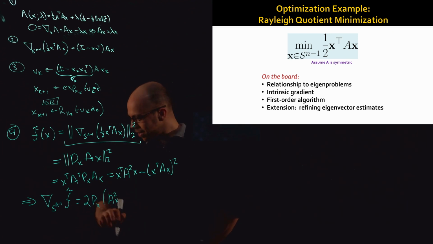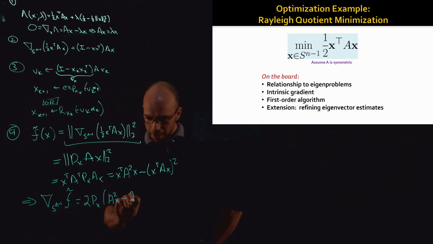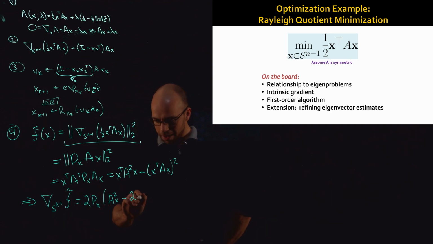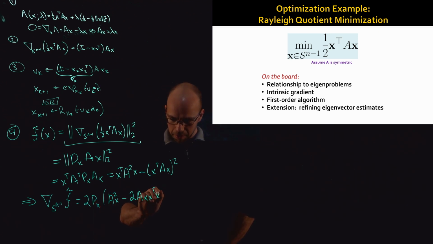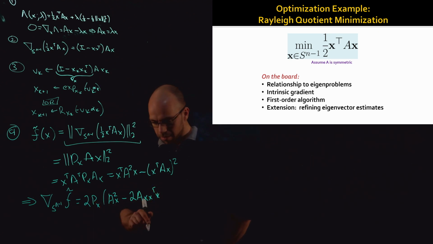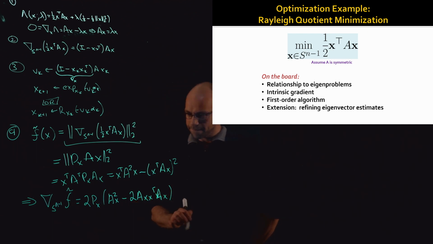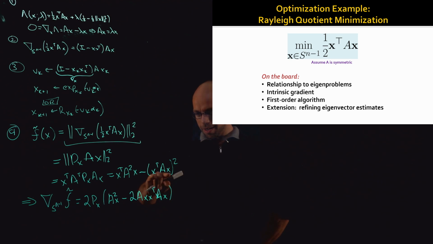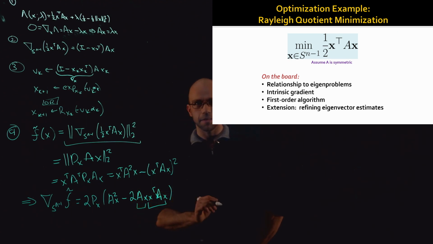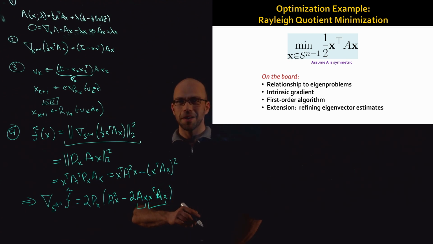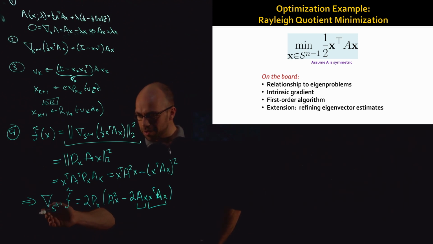So I'm going to factor that 2 out, minus, and then you get a second 2, x transpose times A times x. Right, and this comes from the 2. We get an x transpose Ax here, times the derivative of x transpose Ax, which is Ax. Okay, so from here, now I have the intrinsic gradient.